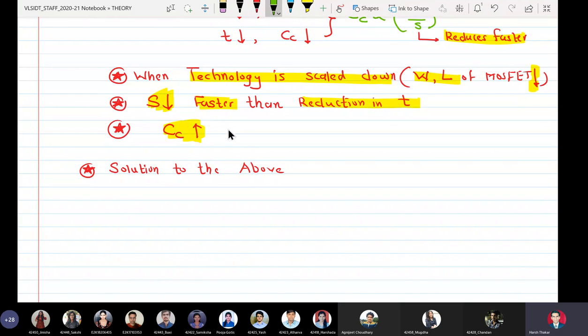Now this is undesirable. We do not want the coupling capacitances to increase. It is an undesirable effect.